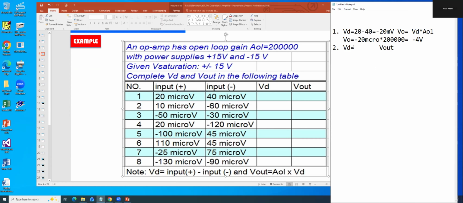Okay, what is VD? Minus 50. Come on, who got VD for this? Minus 50 microvolts. Who else? I got the same answer, minus 50 microvolts.